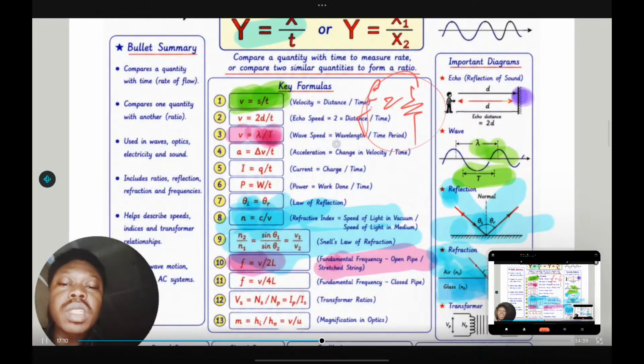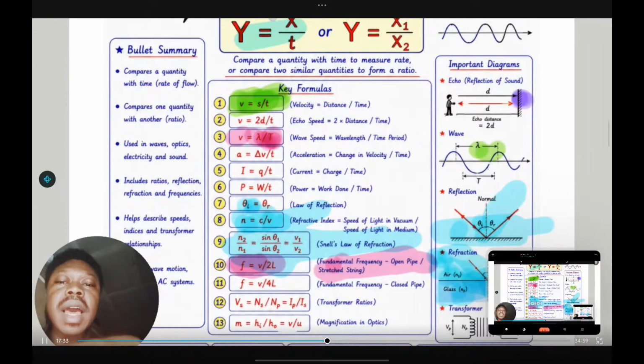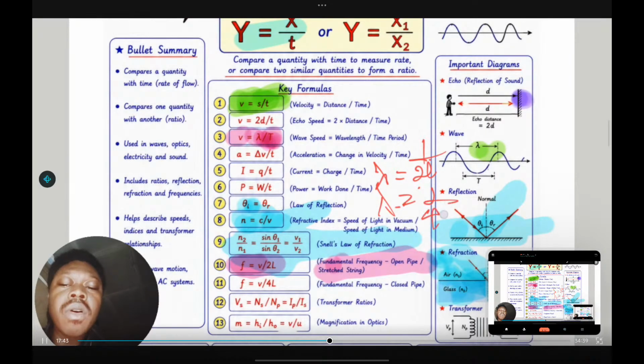Under sound, we know that for open and closed pipes, we don't use wavelength directly, we use L. So our wavelength can either be 2L or 4L, anyhow it comes, depending on the type of pipe.